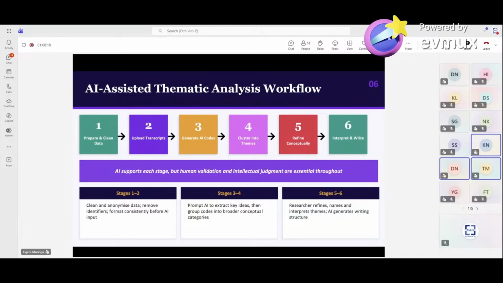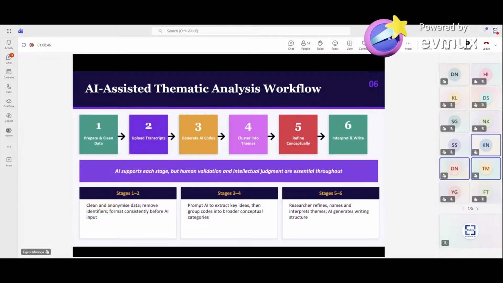So we're saying AI supports each of the 6 stages, but human validation and intellectual judgment are essential throughout the process. Stage 1 and 2 is cleaning, formatting, and removing identifiers before AI input. Then stage 3 to 4, you prompt AI to extract key ideas, then group codes into broader conceptual categories.